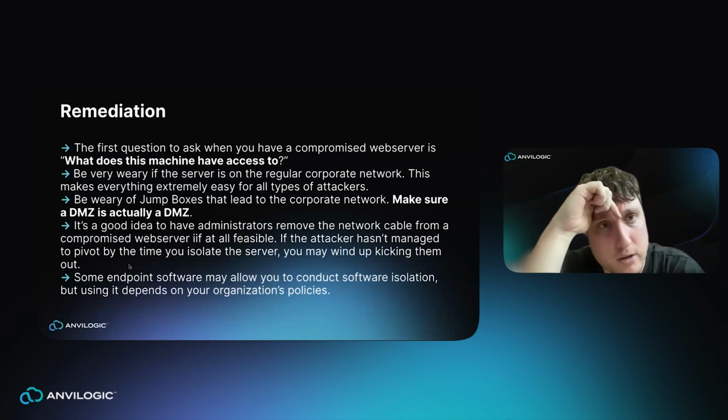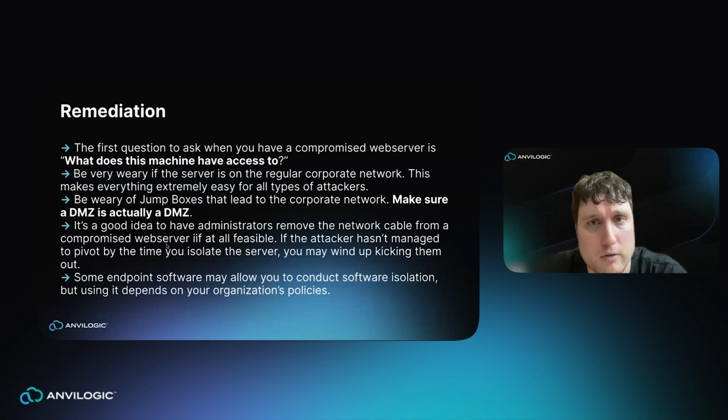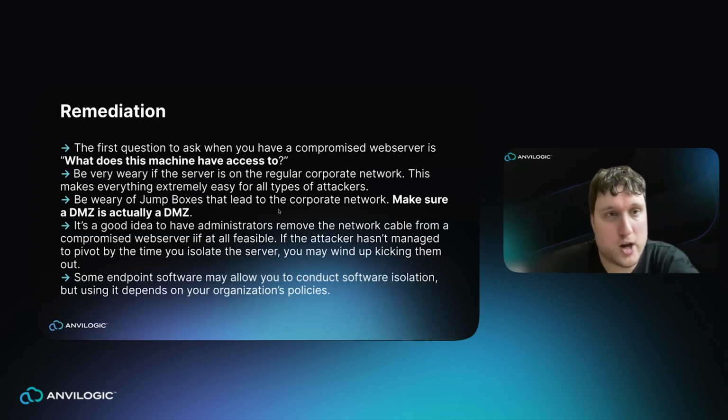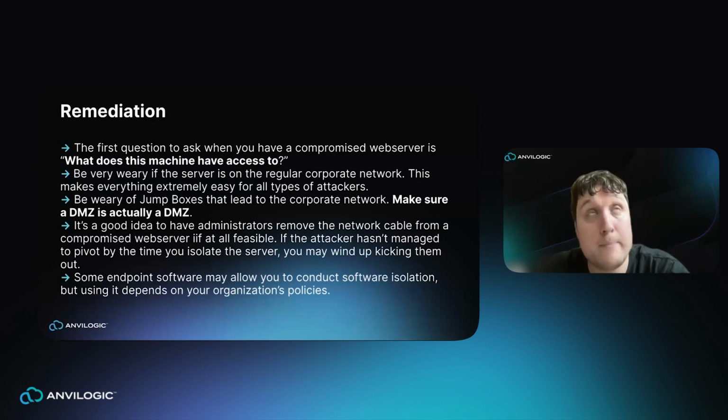So I covered a little bit of this earlier, but I'll go over a few more things real quick. You want to check what a machine has access to, because that's going to inform your response. If it's on the regular corporate network, that's definitely not good. If you ever have an admin tell you that there is a jump box, that means that if the attacker accesses the same jump box the same way, they will have access to the same things that the people that use the jump box use it for.